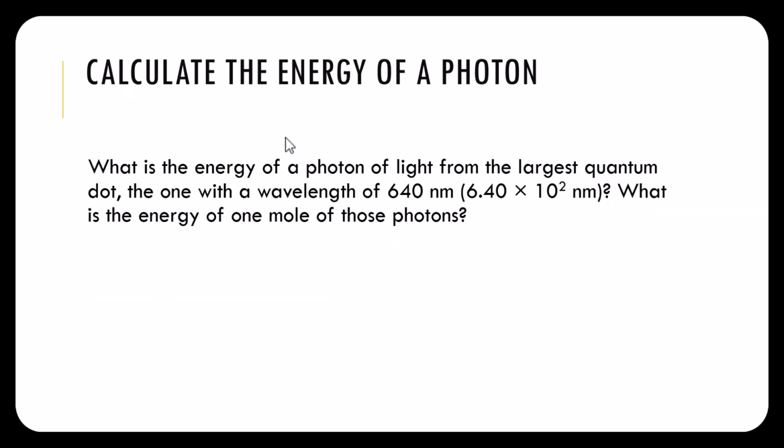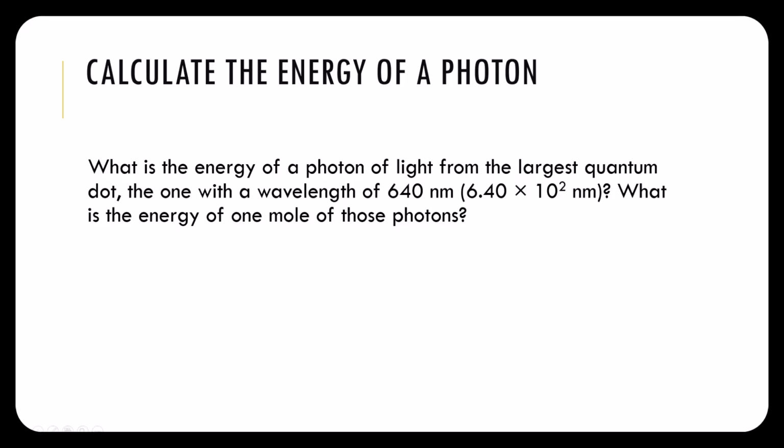Here's an example. What is the energy of a photon of light from the largest quantum dot? The wavelength associated with that photon is 640 nanometers. What is the energy of 1 mole of those photons?